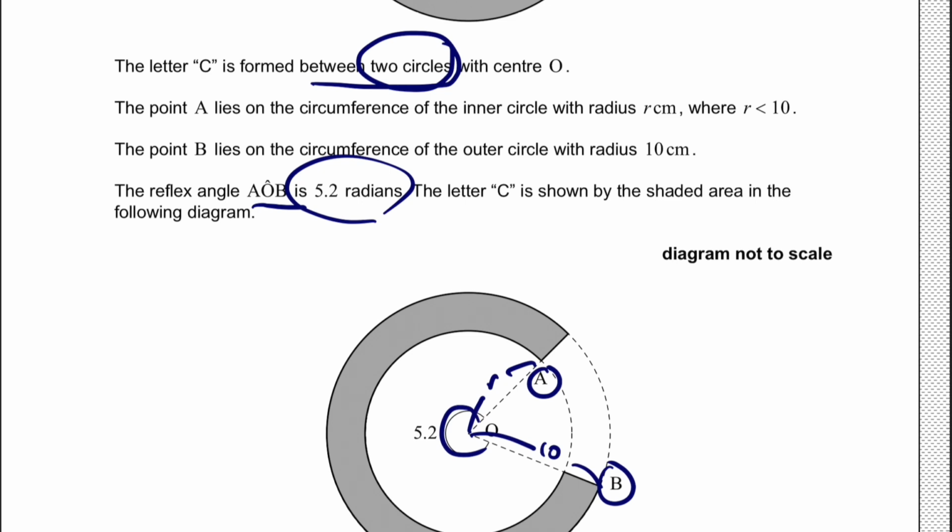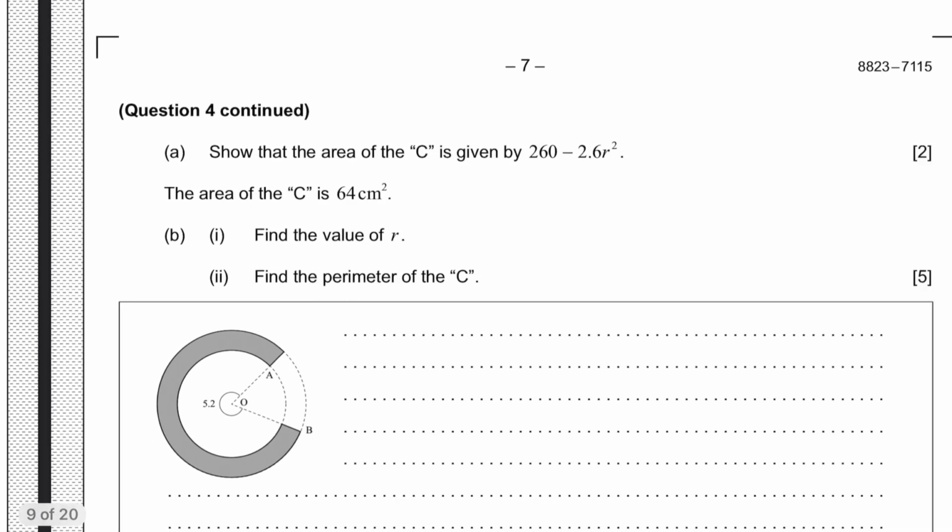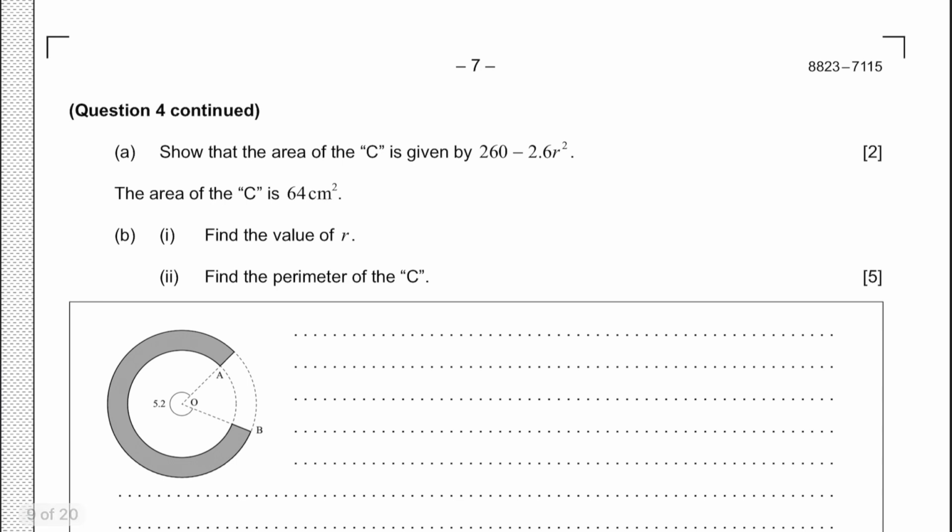Then let's look at question A. We need to show that the area of the C is given by 260 minus 2.6 r squared. So we need to show that this gray area that forms the letter C has an area of 260 minus 2.6 r squared.